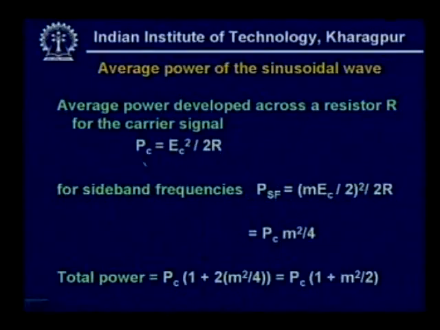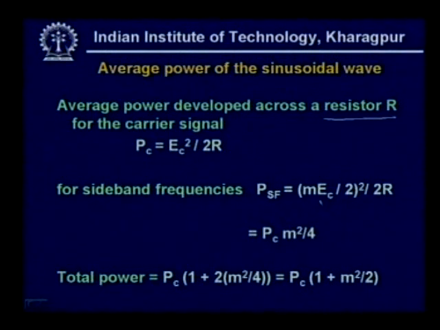So, let us assume that the power is developed across a resistor of value R. Then for the carrier, the average power is equal to Ec square by 2R, and for the sideband frequencies, for a sinusoidal wave, for any one of them the voltage is m Ec by 2. So, that is V square by 2R.